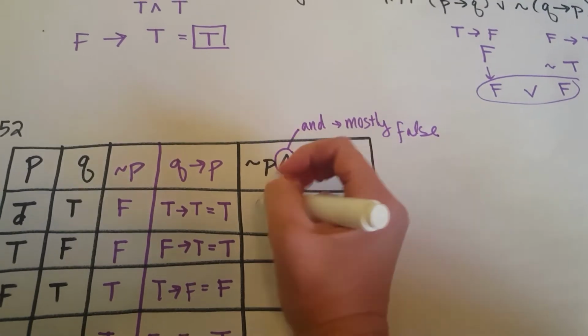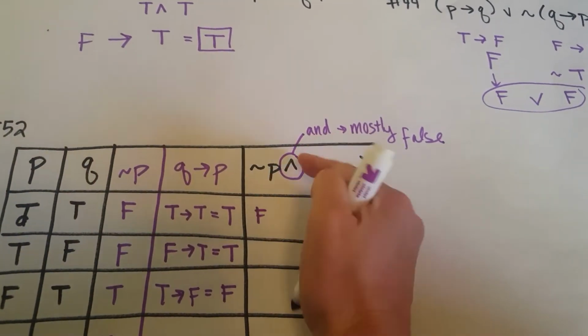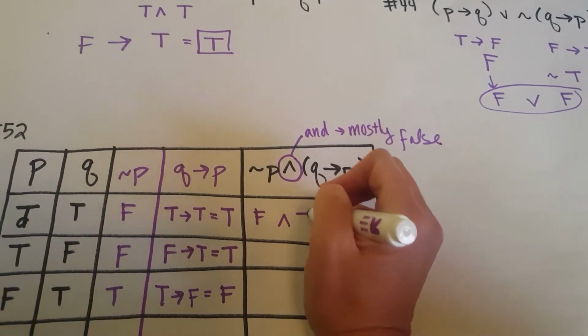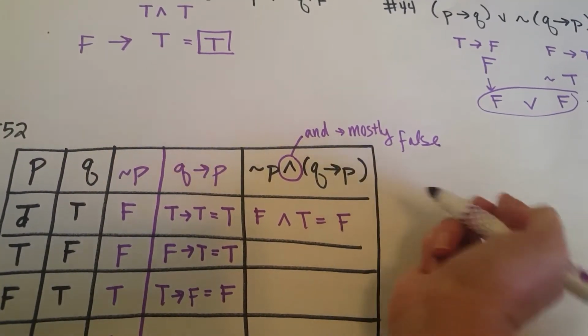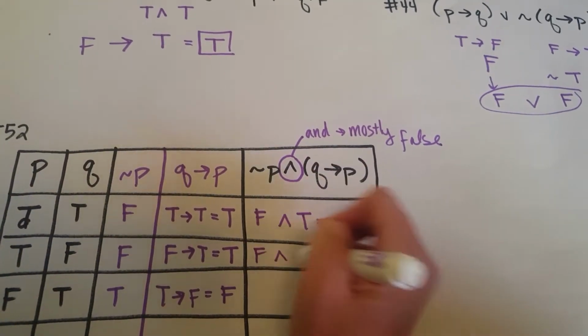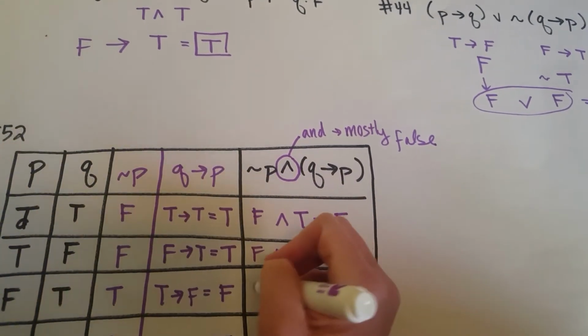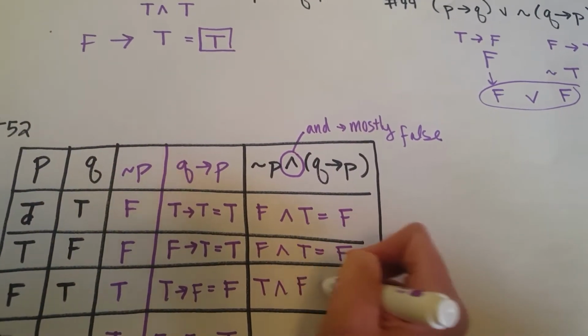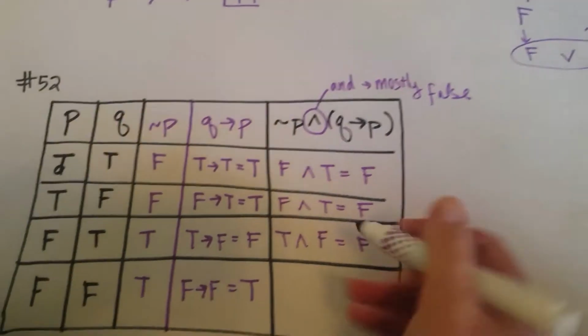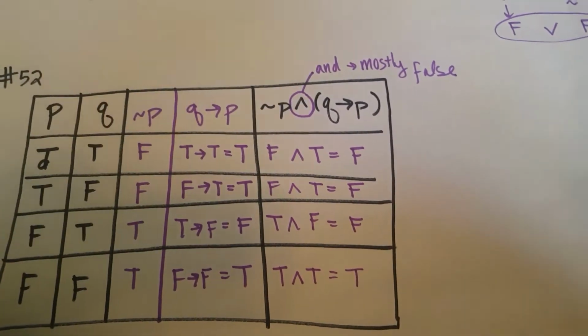Okay, so if you want to, you can write it as a little sentence. So here's false and true. Once I have a false, it goes false. All right, let's do the next one. False and true goes false. True and false goes false. And last but not least, true and true equals true.